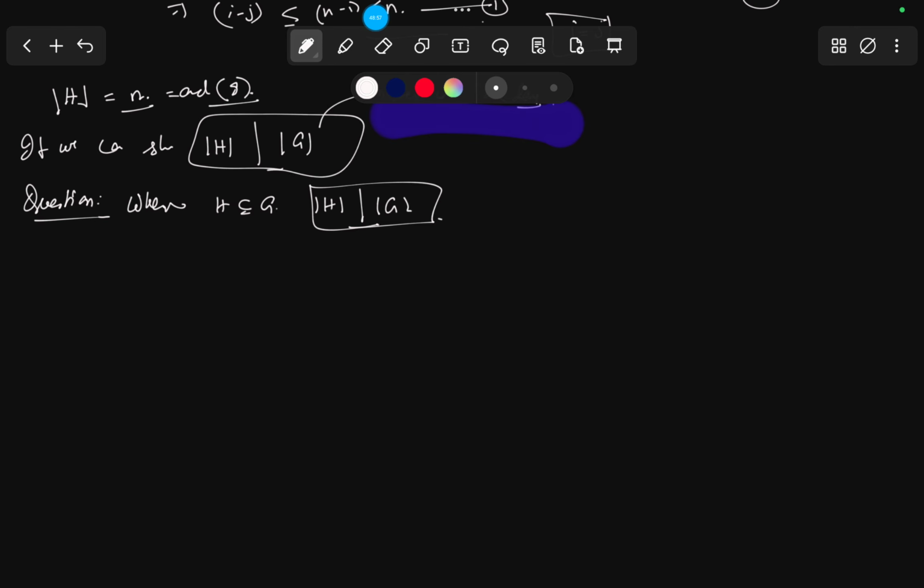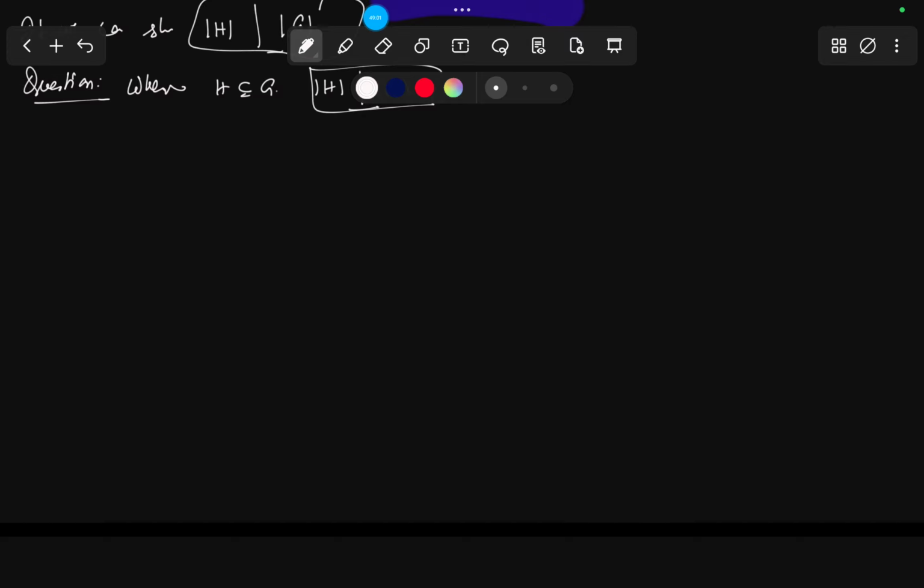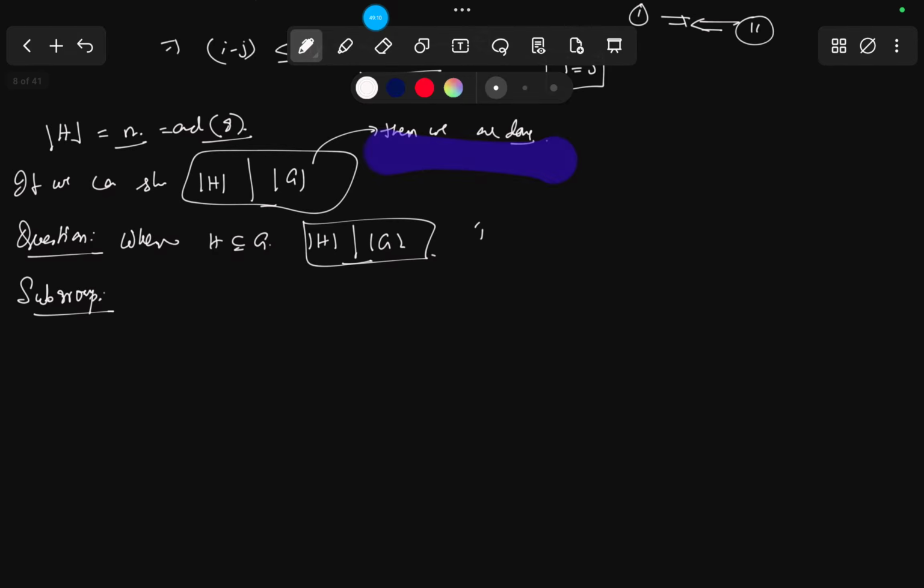To answer this question we need some property called subgroup. In general it is not always true, so for that case we need more property on H, that is to be a subgroup.